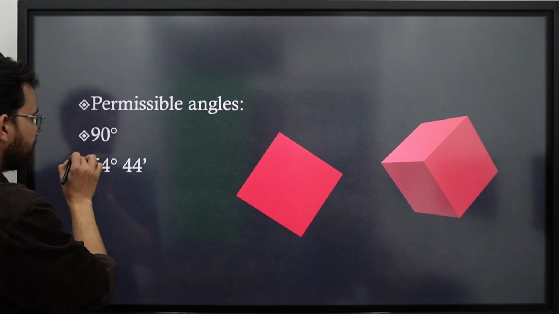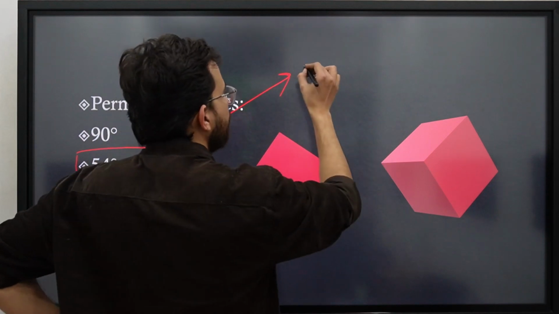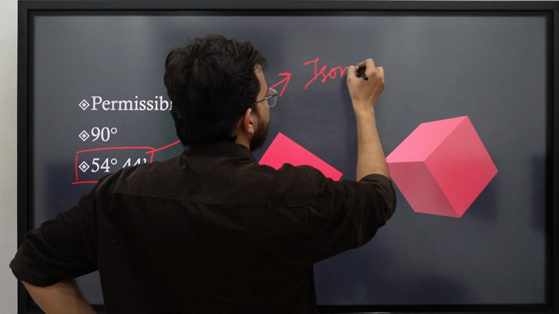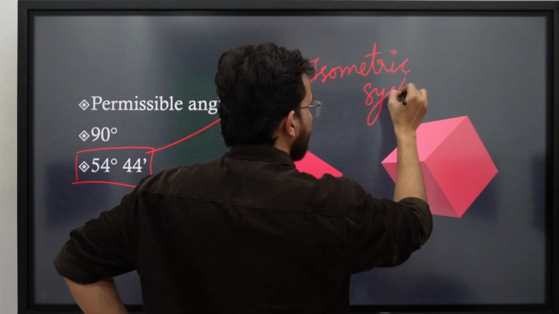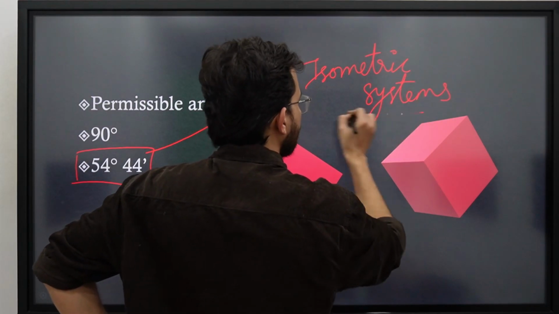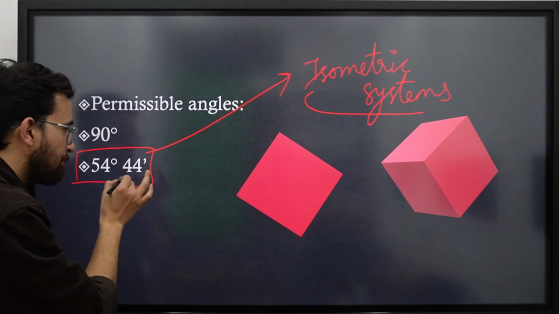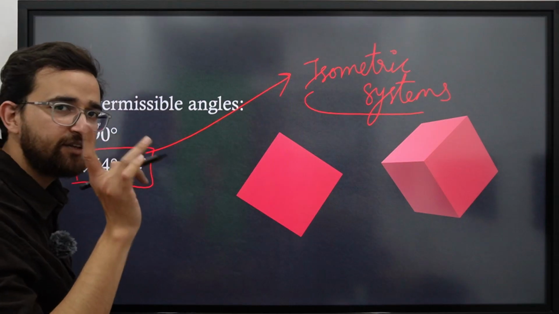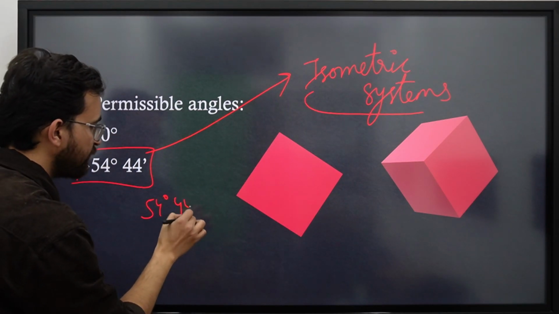Now, there are some special scenarios which we will look at later, which are called isometric scenarios or isometric systems. In these systems, there is a special possibility that you can combine elements at this angle. The value of that angle is 54 degrees and 44 minutes.